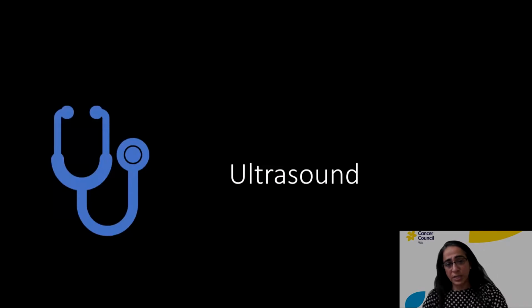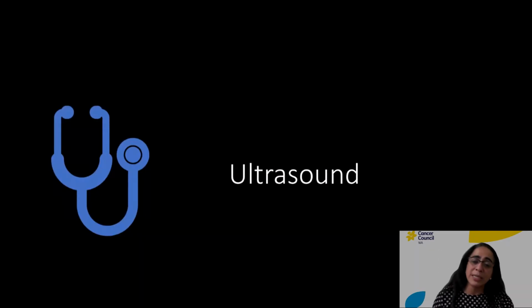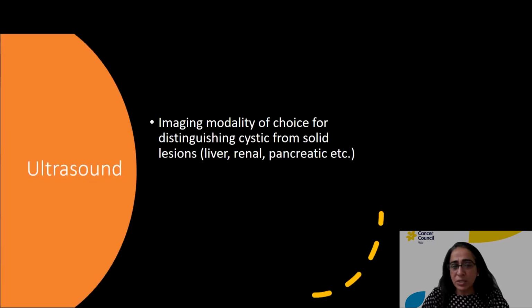Starting off with ultrasound. Now, ultrasound works by sending a high frequency sound wave, which is directed at an internal body part, and this reflected sound or echo is recorded to create an image. The strength of the ultrasound lies in its ability to distinguish cystic from solid lesions.